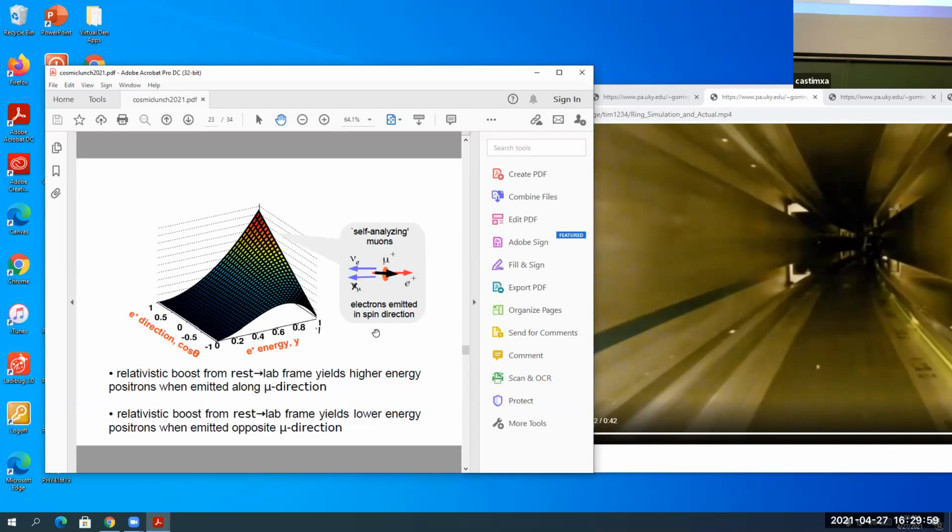And if the spin is opposite the direction of the motion, when the electrons get emitted, they're boosted to a lower energy. So you get high energy electrons when the spin is pointing in the direction of the momentum, and you get low energy electrons when the spin is pointing opposite the direction of the momentum.